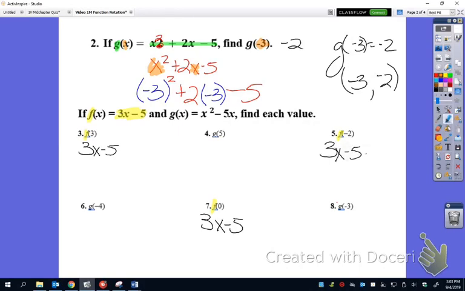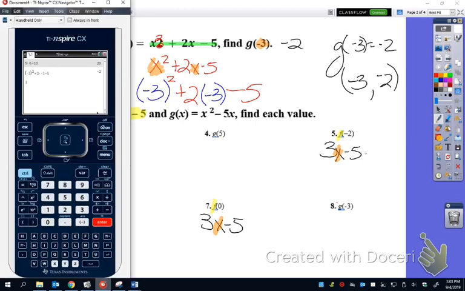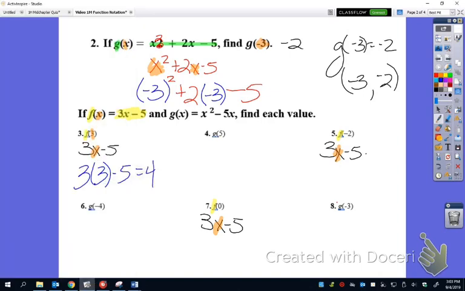But wherever I see the x, I have to plug in whatever it says. In this case, I'm going to plug in a 3. So that's going to be 3, parentheses, 3, minus 5. And then put that in your calculator. So 3, and then it's a minus, not a negative, so it's 4. Okay, so that equals 4.